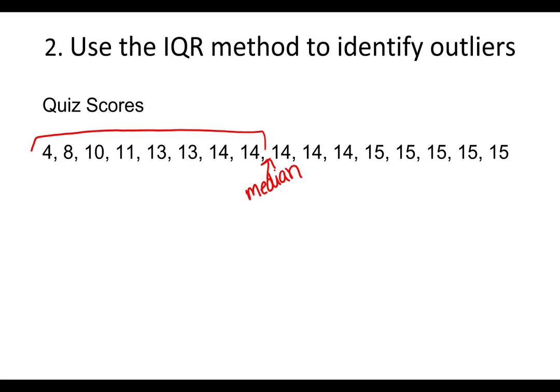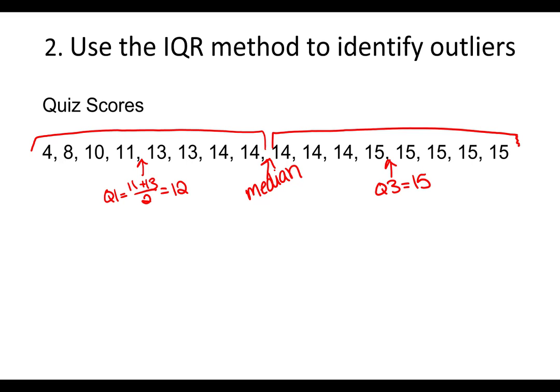The midpoint here will fall between 11 and 13, so Q1 will equal the average of 11 and 13, which is 12. Q3 will be the middle of the top half of the distribution. The midpoint here falls between two scores of 15, so Q3 equals 15.